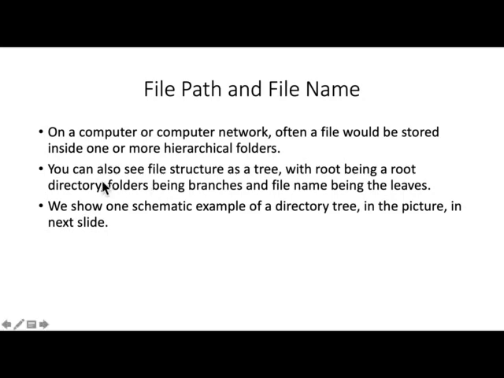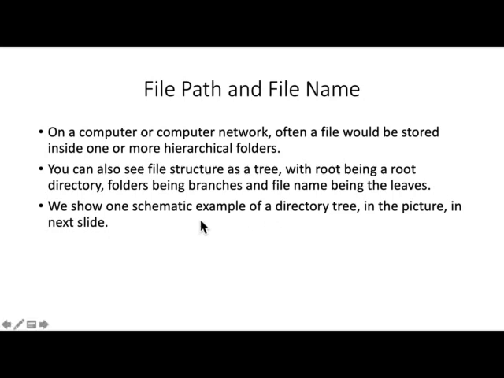That's why you can also see the file structure as a tree, with the root being the root directory, which is your root hard drive, folders being branches, and the file name being the leaf. So you can go from root to trunk to one branch to another branch to another branch. Finally, you read the leaf.